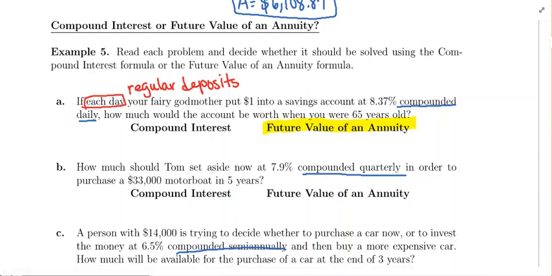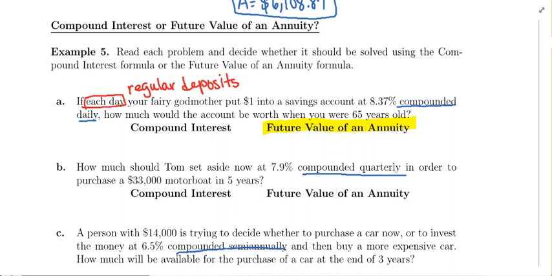All right, so the second problem, part B. How much should Tom set aside now at 7.9% compounded quarterly in order to purchase a $33,000 motorboat in 5 years? So what's happening here is Tom is saving money for this $33,000 motorboat.